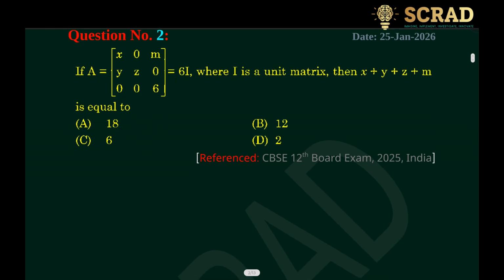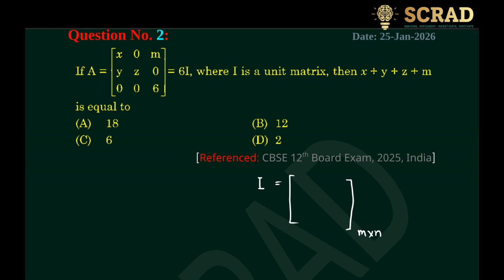before answering this question, we should have knowledge about what is a unit matrix and how we represent a unit matrix, right? A unit matrix is a square matrix and we denote it using the English letter I. I is a square matrix, and suppose this is of the order m cross n.